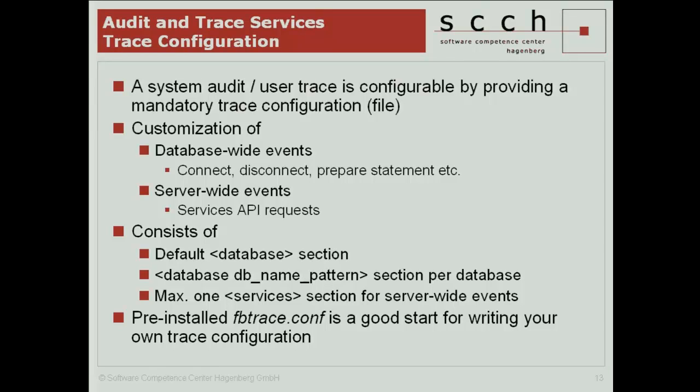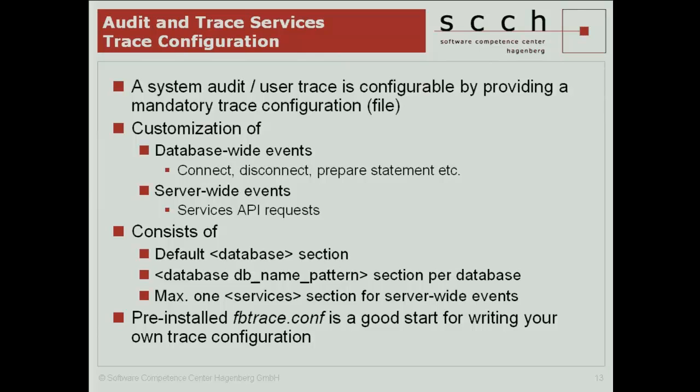The trace facility is configurable by providing a mandatory trace configuration. If you are starting a user trace, you can either provide that when running FBSvcMgr, the command line utility, or by providing a file. In the trace configuration, you can customize your database-wide events, so you are able to specify what kinds of event types you are interested in, and the same for server-wide events.